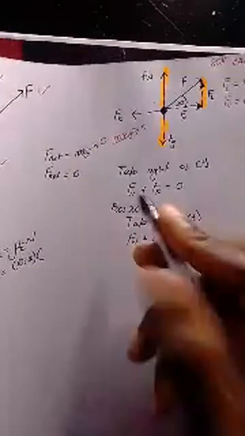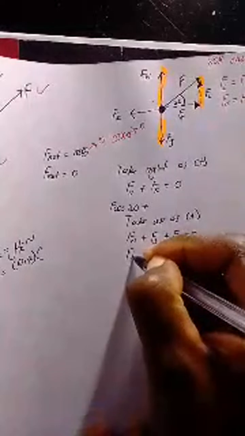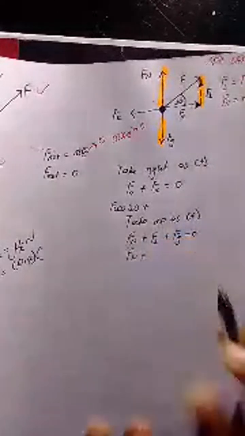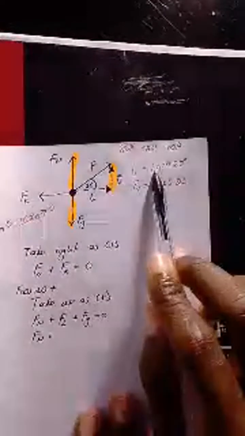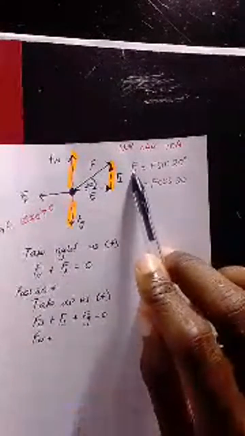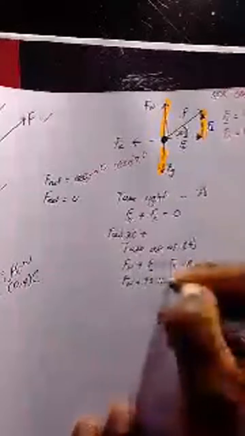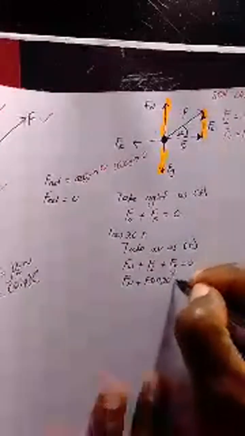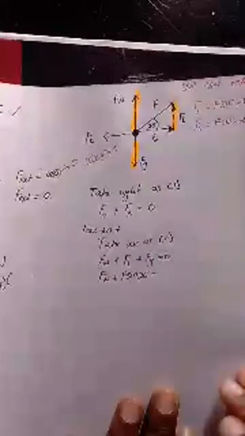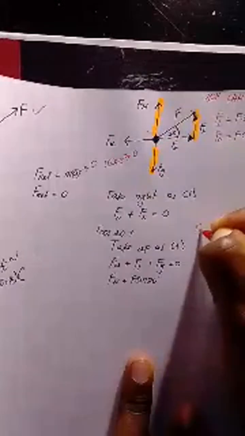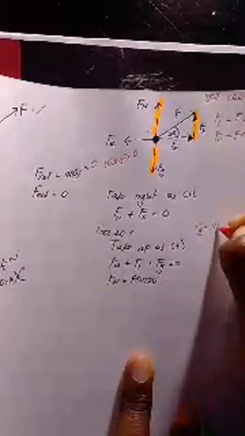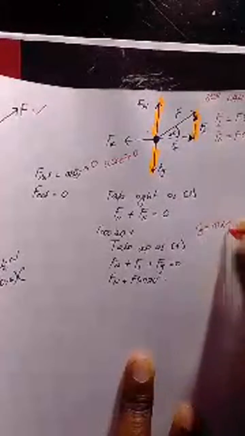So our Fn, our normal, we don't know, plus our F perpendicular, where you see it in this equation, you substitute F sine 20. Now minus, we are putting minus because we are substituting. Remember, Fg is equal to mass multiplied by the gravitational constant.